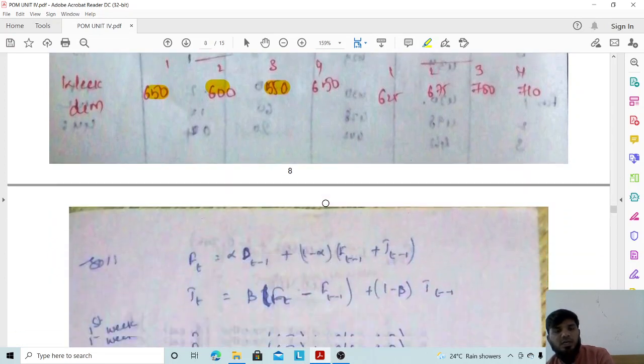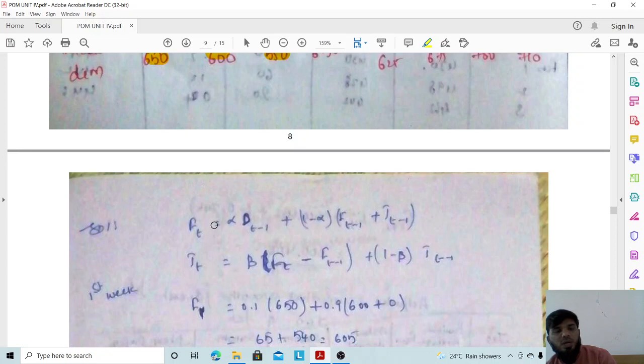So F(t+1) = F(t) + alpha... Now if I want the forecast for the first week, then I have to take t as 1, so the demand is D(1-1) = D0, plus (1 - alpha) F(1-1) = F0, plus T(1-1) = T0.